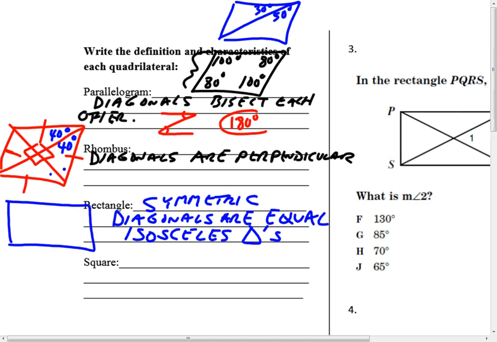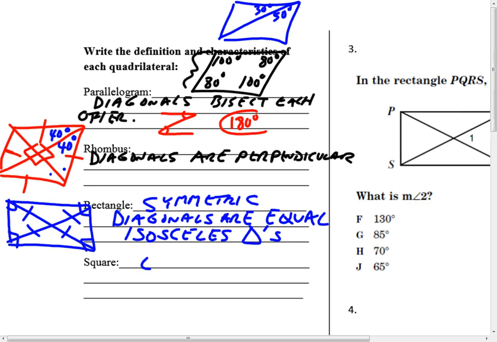So I think of that. I think of all those pieces being the same, which creates isosceles triangles. I know everything's symmetric because it's got right angles here. That's the picture I think of when I think of a rectangle.